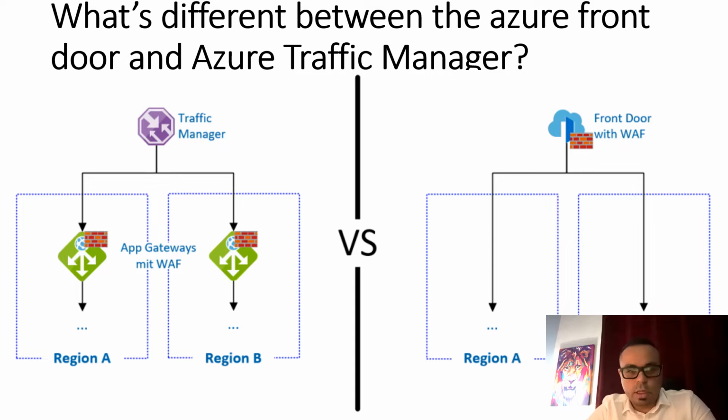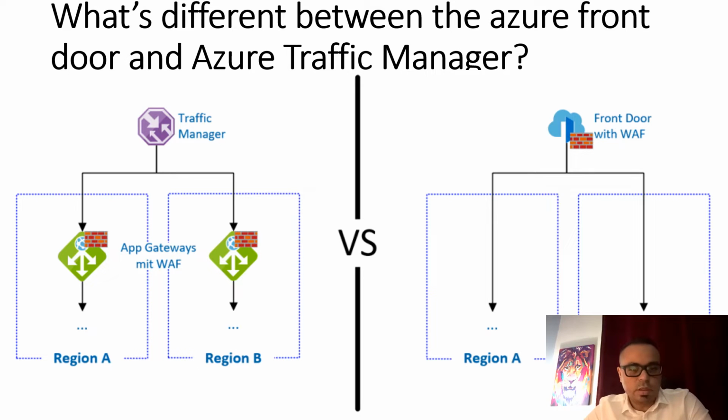Both Azure Traffic Manager and Azure Front Door support two things: multi-region redundancy and closest region routing. What does that mean? For multi-region redundancy, if one region goes down, traffic is routed to the other region without any interruption.